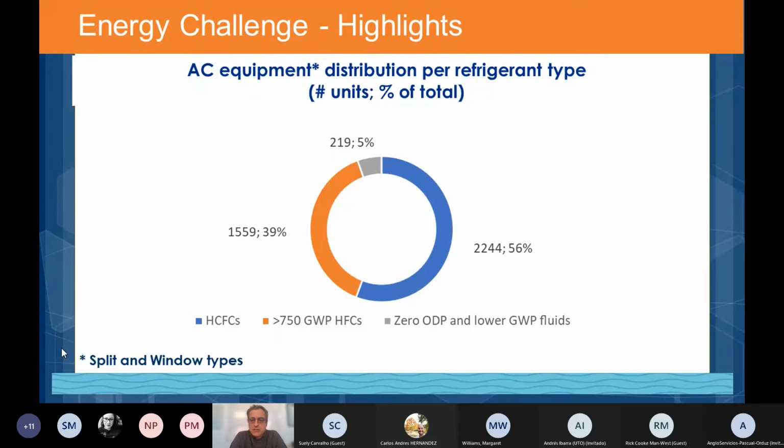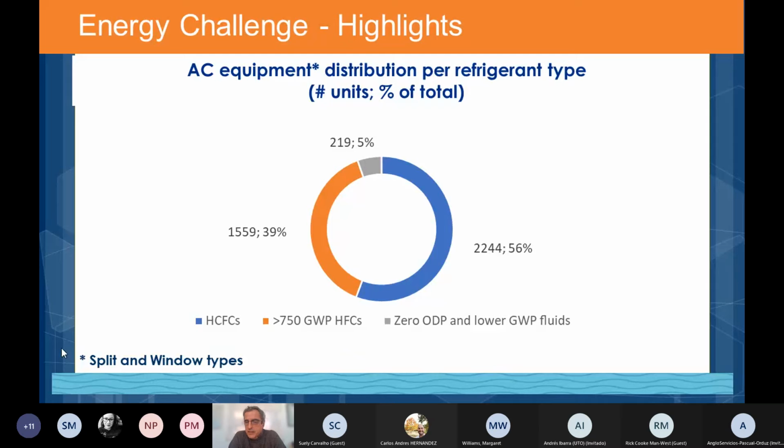This shows the total number of split and window AC equipments and the type of refrigerants used. HCFCs are used in 56% of the equipments, and HFCs below 750 GWP are in 39%.